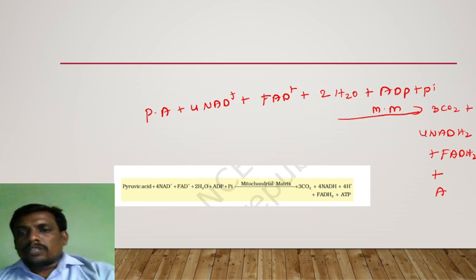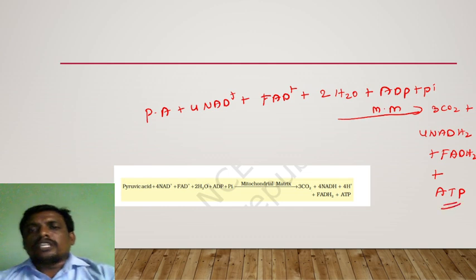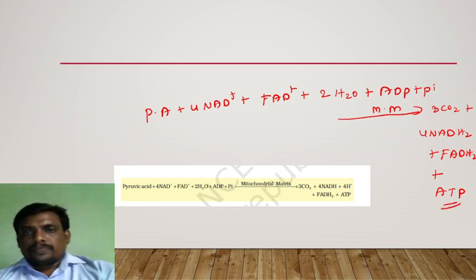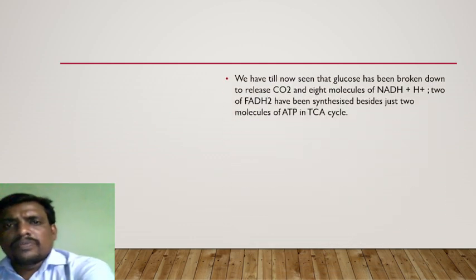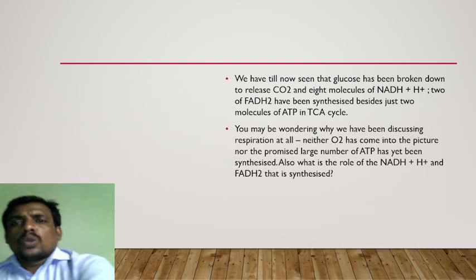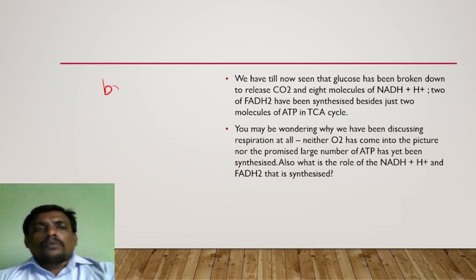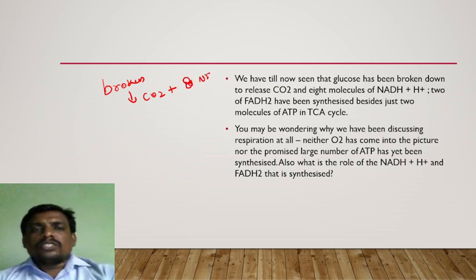How many ATP molecules will be produced here? One ATP molecule will be produced. All these reactions are occurring in the mitochondrial matrix. Understood, everyone? We have till now seen that glucose has been broken down to release CO2 plus 8 molecules of NADH2 and 2 molecules of FADH2.